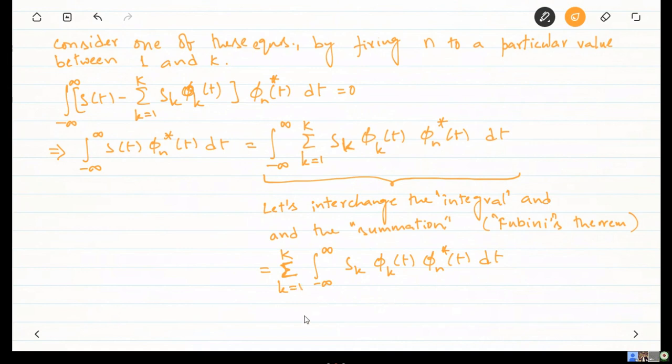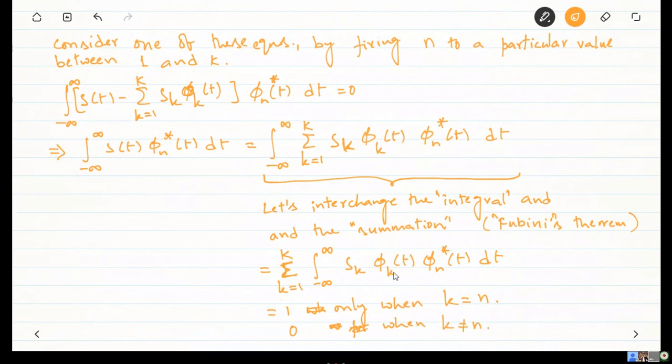So this integral becomes 1 only when k becomes n, and is 0 when k is not equal to n.